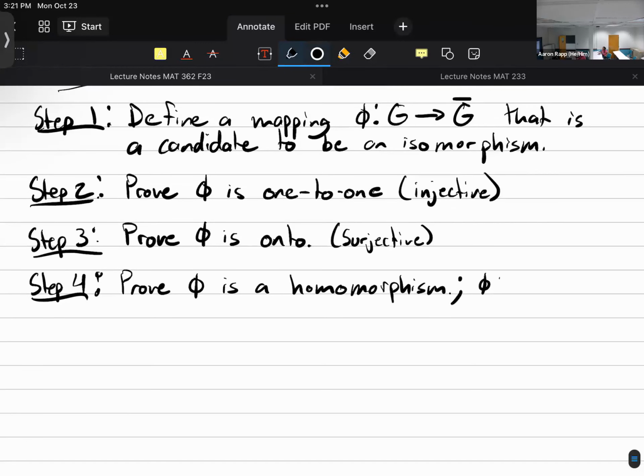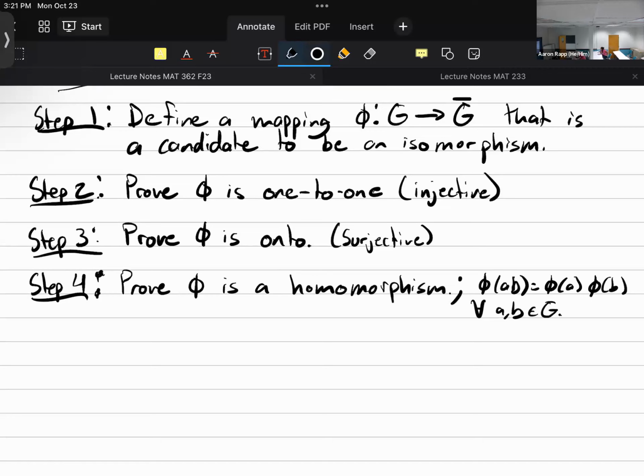Remember, this means that phi of a b has got to be equal to phi of a times phi of b, for all a and b in whatever my domain is.